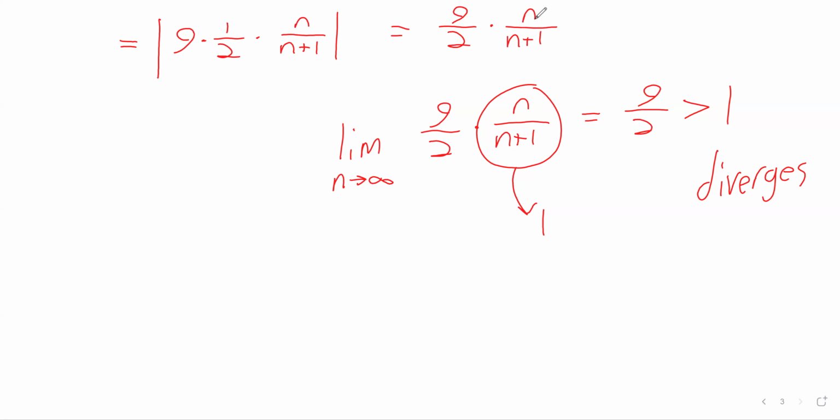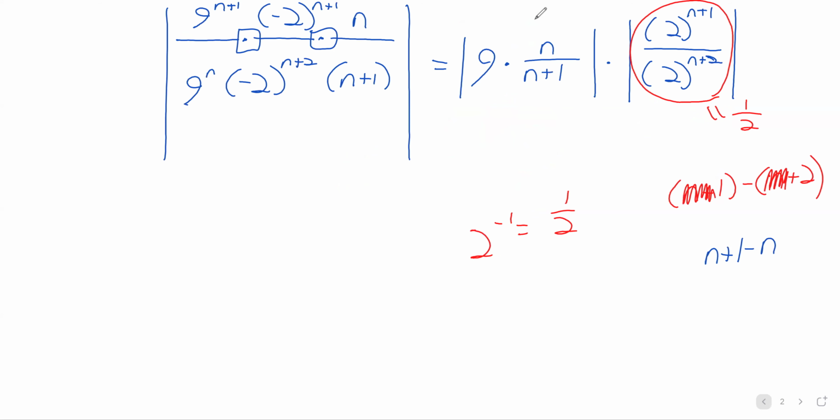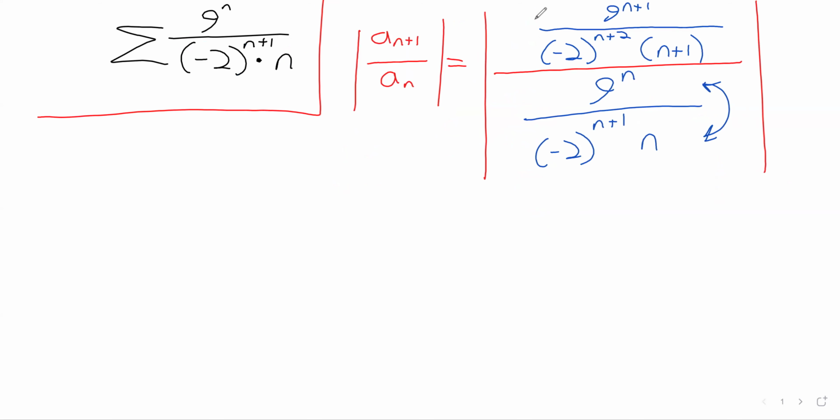So this is what I expected would happen. I mean, this is what I said would happen at the start. Again, it was obviously a certain amount of work. I don't really see a cleaner way of doing it. What I really want to do is the nth term test.